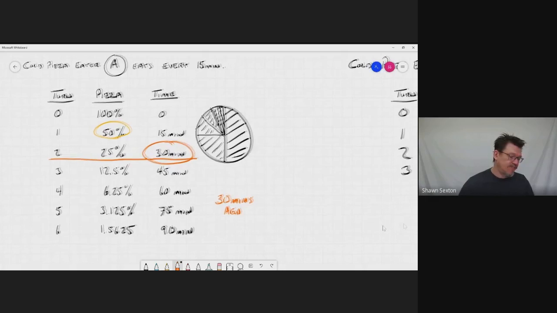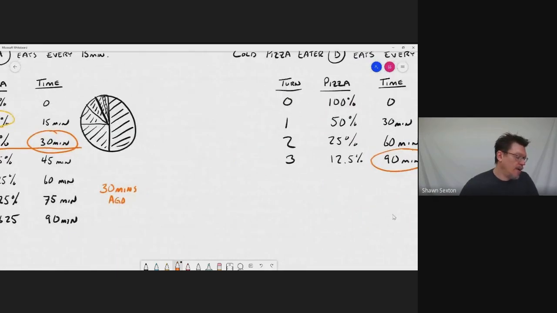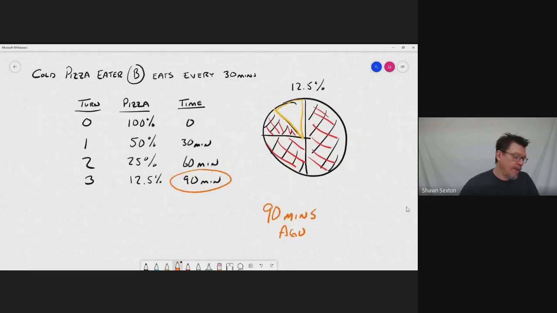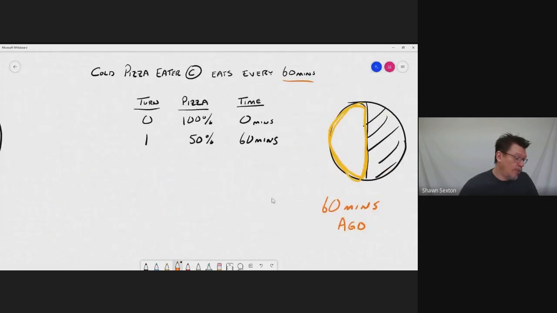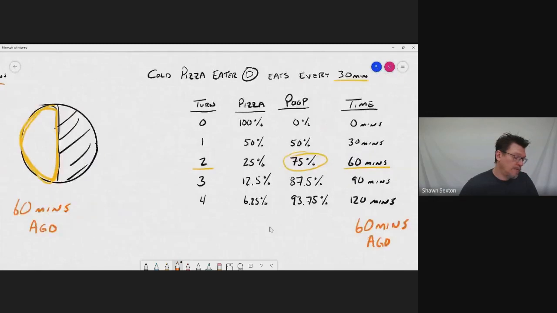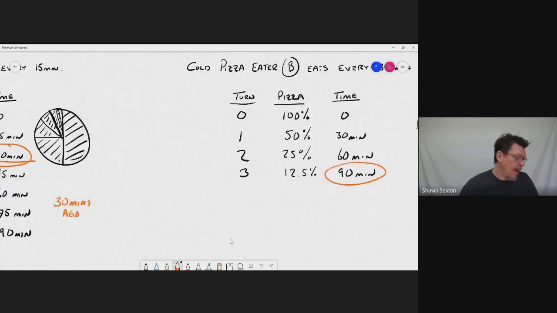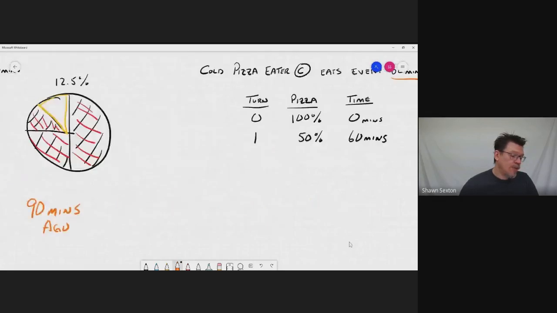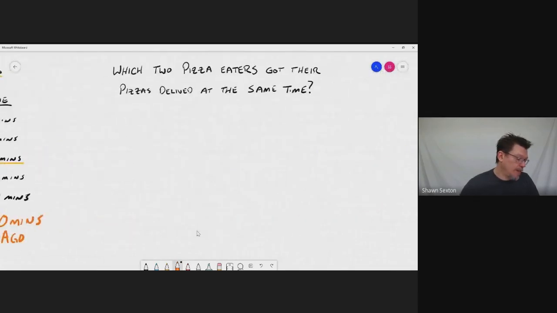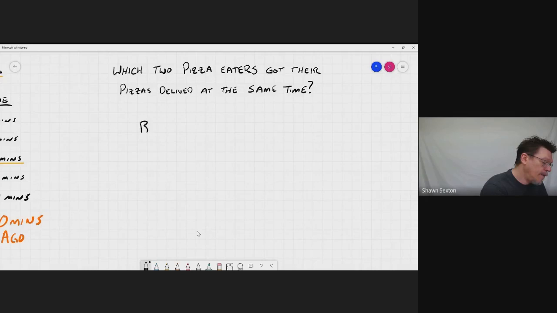All right, so who got their pizza first? All right, so let's figure out this sequence here. So Pizza Eater B got 90 minutes. Pizza Eater C and D both got their pizza at 60 minutes ago. And Pizza Eater A got their pizza 30 minutes ago. So the mystery of the cold pizza delivery. Let's identify the sequence. So the oldest at 90 minutes was Pizza Eater B at 90 minutes ago.